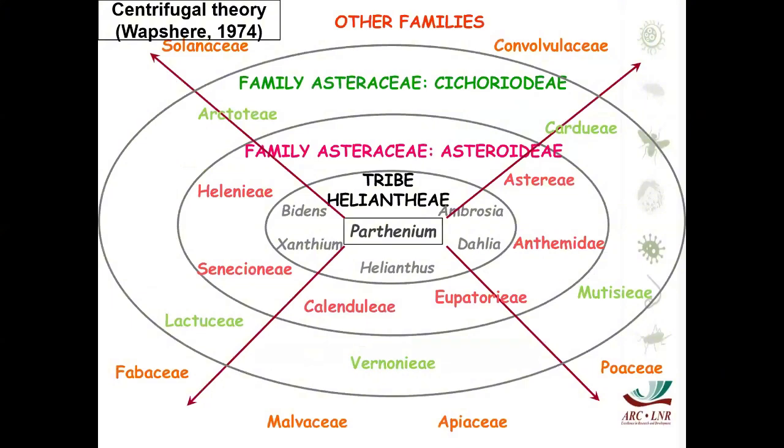This is quite an outdated theory, but there are more modern theories that have been introduced in terms of host range. But the principle is that if our target weed was Parthenium, which is in the tribe Helianthiae, we would test closely related plants within that tribe.